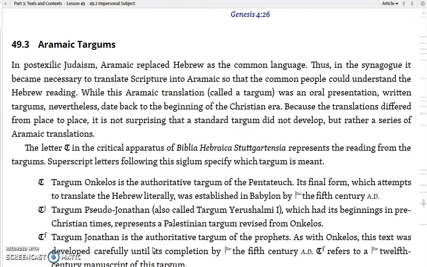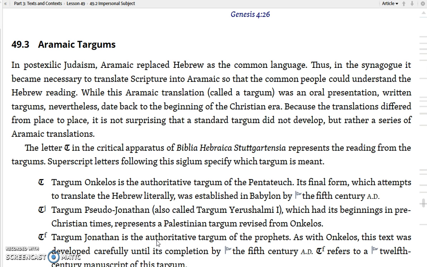Let me say a little more about the Aramaic Targums. In post-exilic Judaism, Aramaic replaced Hebrew as the common language. Thus, in the synagogue, it became necessary to translate Scripture into Aramaic so that common people could understand the Hebrew reading. Well, this Aramaic translation is called a Targum; Targum actually means translation.